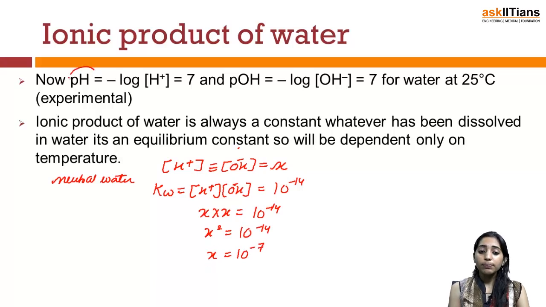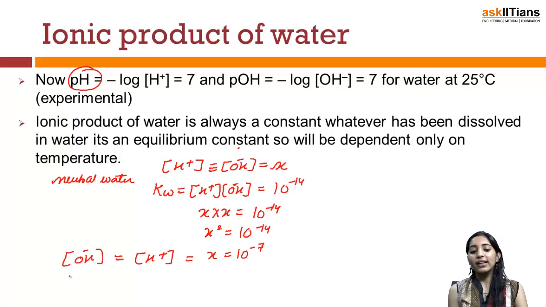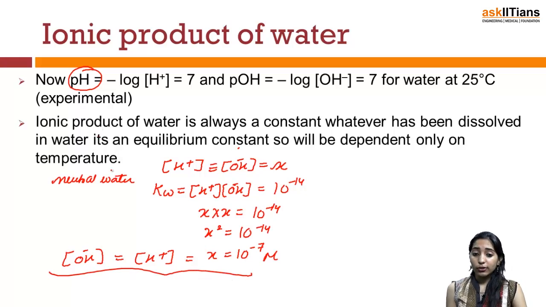Now, as for the pH of water, we'll discuss it in the further slides: what do we mean by pH? But for the time being, we can keep in mind that the concentration of H positive is equal to the concentration of OH minus, and that is 10 to the power minus 7 molar. Now we say that the ionic product of water is always a constant.